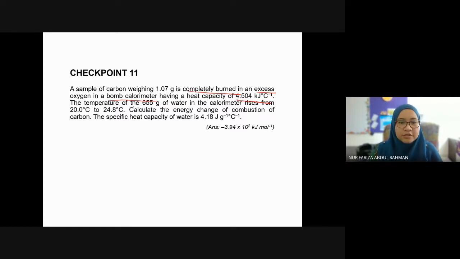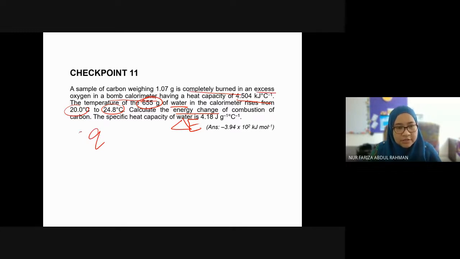The temperature of the water, this mass of water in the calorimeter, rises from 20 degrees Celsius to 24.8 degrees Celsius. Again, calculate the energy change of the combustion. But this time around, the mass of water is given. So you're gonna have this first.